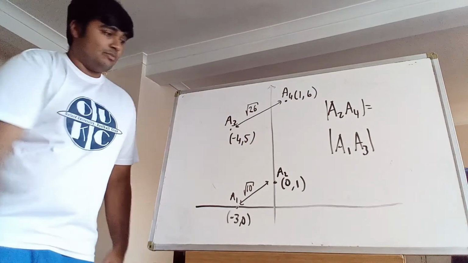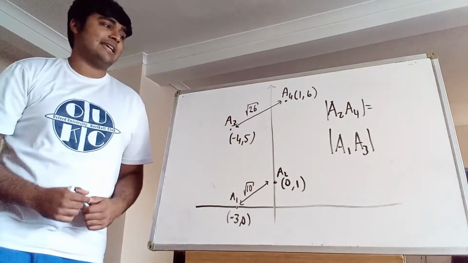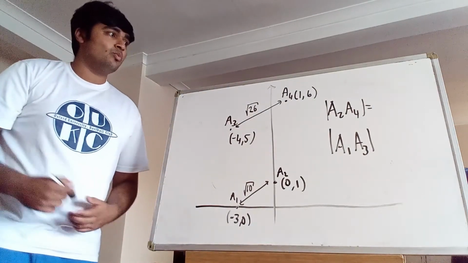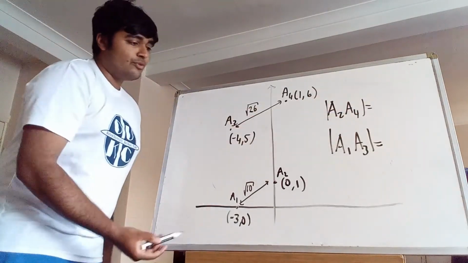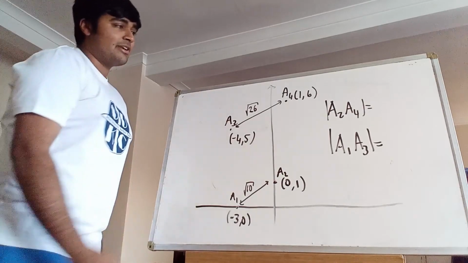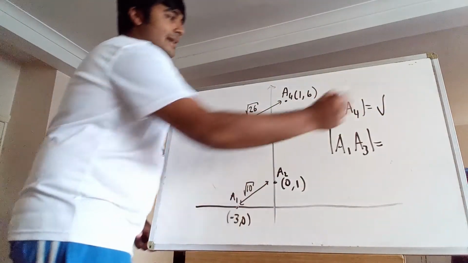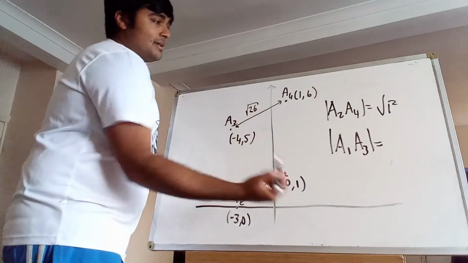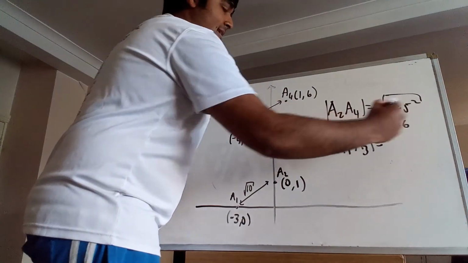Cool. And we just need to check that A2A4 plus A1A3 equals square root of 104, and we can do that very easily. What's A2A4? This guy to this guy. The way we work it out is just using the Pythagorean theorem. So this is going to be the square root of the difference between the x coordinates squared, which is 1 squared, plus 6 minus 1 is 5, so plus 5 squared, and that of course is root 26.